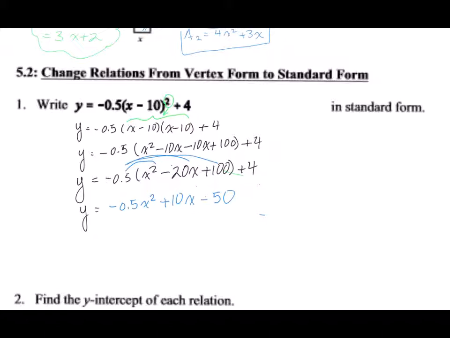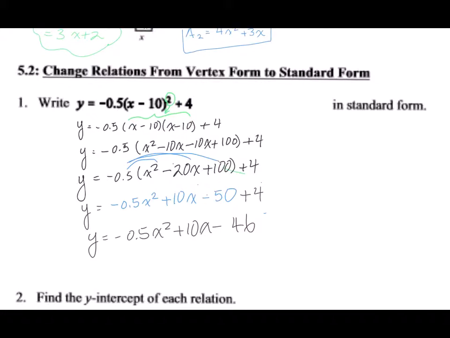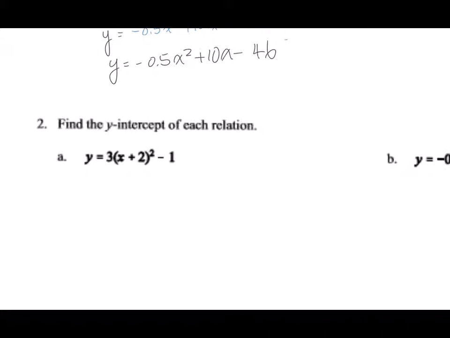So we end up with minus 50. And you'll notice that the bracket just disappears once we've done that. And we add the 4. So now we simplify by collecting the like terms, because there's two constant terms. So we get negative 0.5 x squared plus 10x minus 46. And we're done. There is our relation in standard form.